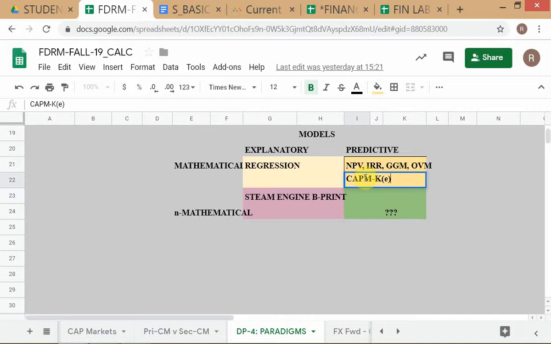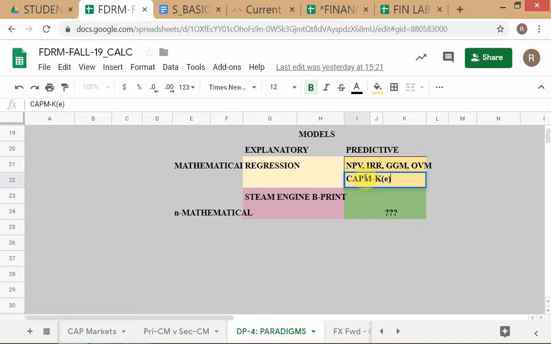So you notice the cost of equity eventually becomes a part of WACC, which is an input in the NPV model. Cost of equity becomes an input in the WACC, which becomes an input in the NPV model. Shivam, you agree?